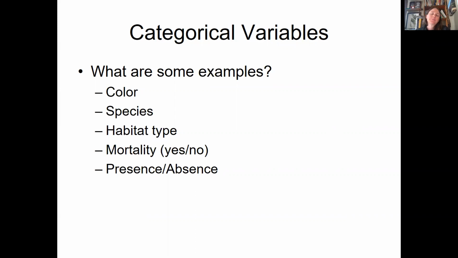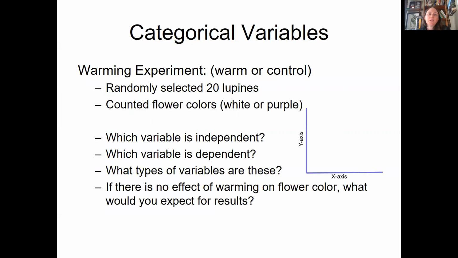So consider, for example, a warming experiment. Looks like my animation didn't start up, so this is a little bit busy slide. So imagine a warming experiment where you either go out and you warm or control. So you have these plots, and you either apply warming or they're a control plot, which means there's no warming. And in each plot, there's a bunch of lupins, and you randomly select 20 lupins.